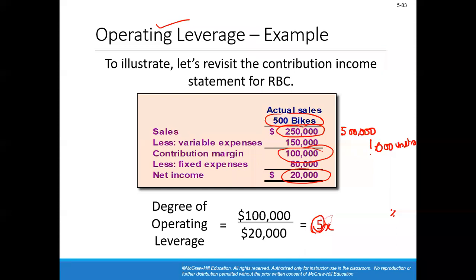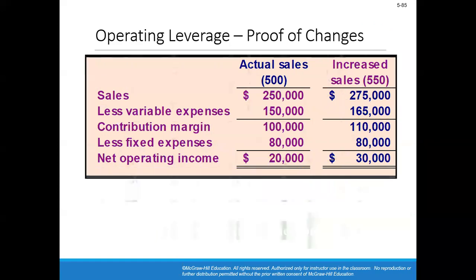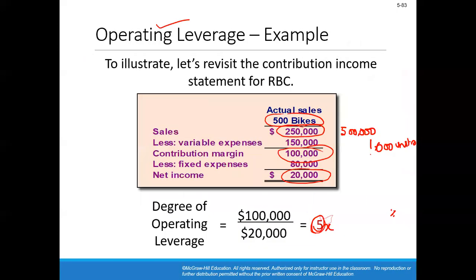And what will be our variable expenses? Can you recall that I wrote the relation 60%? The variable expense will be 300,000. And my contribution margin is 200,000. And fixed expenses is 80,000. And net operating income is 120,000.